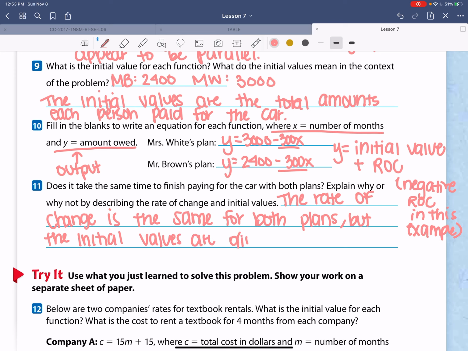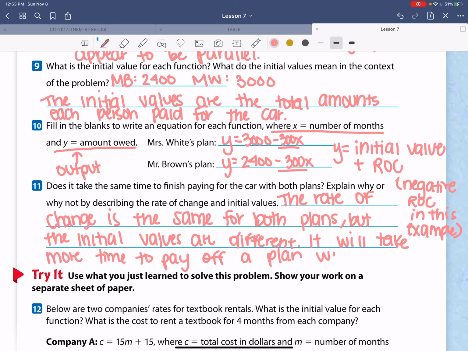So what this means is that it'll take both of them a different amount of time to finish paying off their plan. So it will take more time to pay off a plan with a greater initial value.